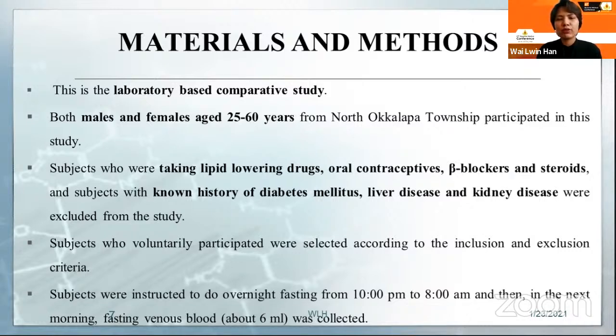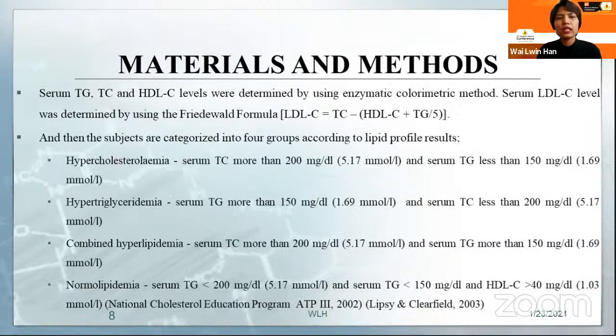Then subjects were instructed to do overnight fasting, and the next morning, about 6 ml of fasting venous blood was collected. Serum triglyceride, total cholesterol, and HDL cholesterol levels were determined by using the enzymatic colorimetric method. Serum LDL cholesterol level was determined by using the Friedewald formula.